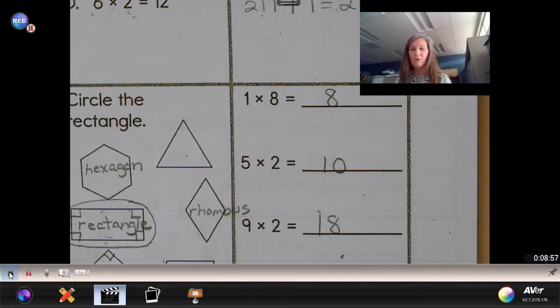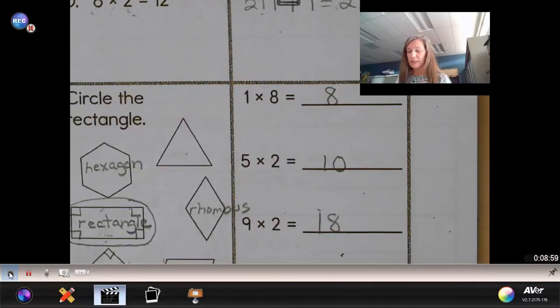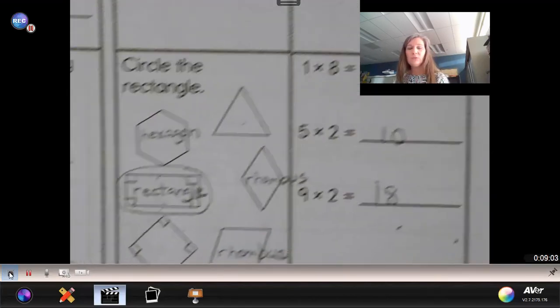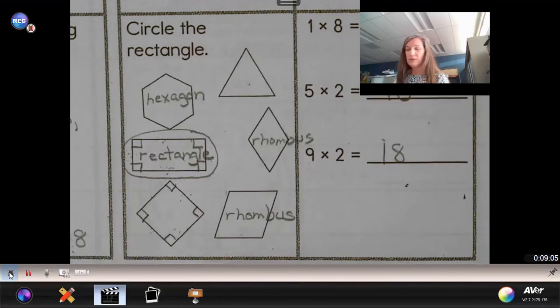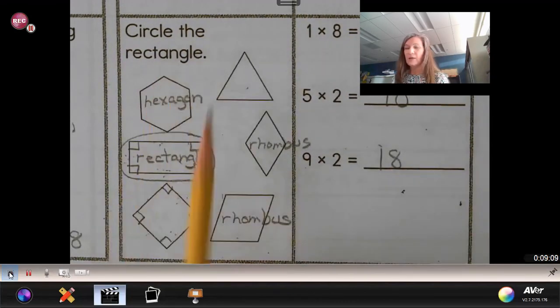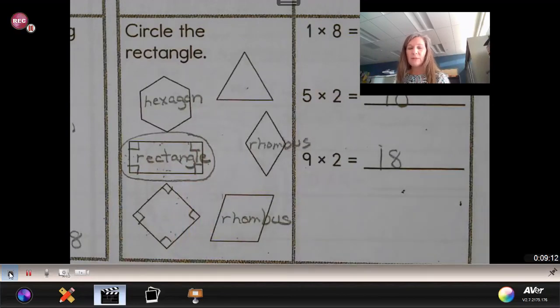I'm going to give you today a discussion question. So what I want you to do is I'm going to focus my discussion question on circling the rectangle. However, I'm changing this up a little bit. I want you to tell me how a rectangle and a square are the same in your discussion.